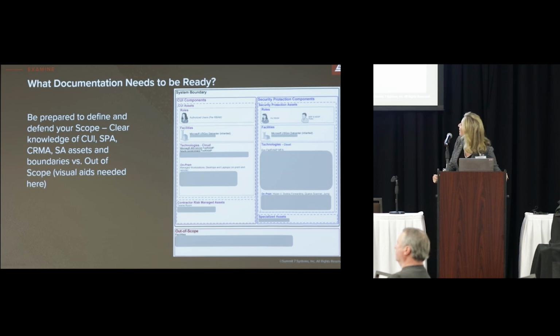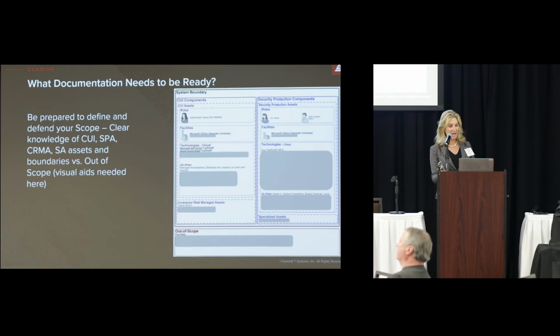Those are our CUI assets, and which facilities we have that are CUI facilities. And then on the right-hand side, we have security protection assets or security protection components. Who are the people performing a security protection function? What kinds of technologies, cloud, on-prem? What do we consider to be a CRMA, customer risk managed asset? What do we consider to be out of scope? All right, and that's just an example.